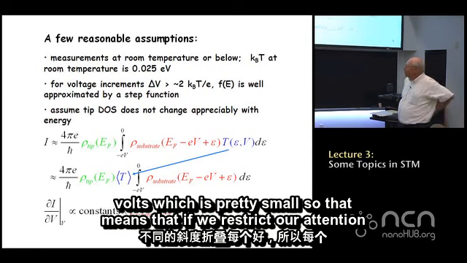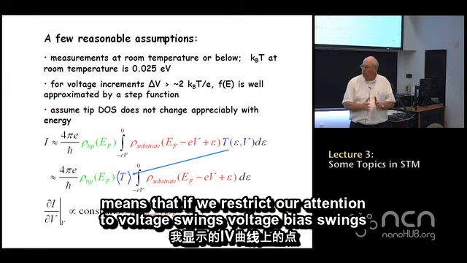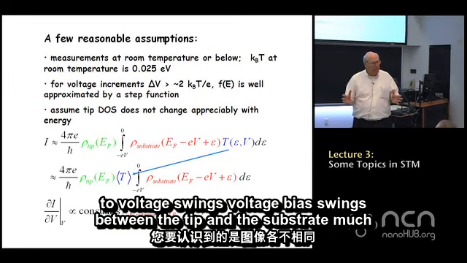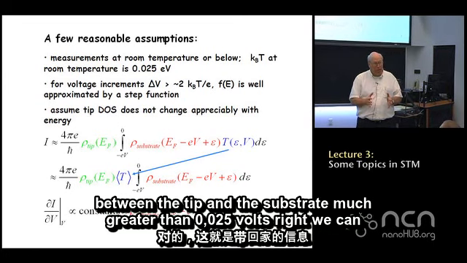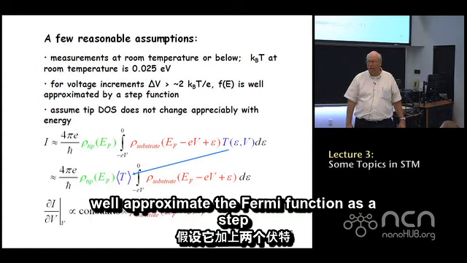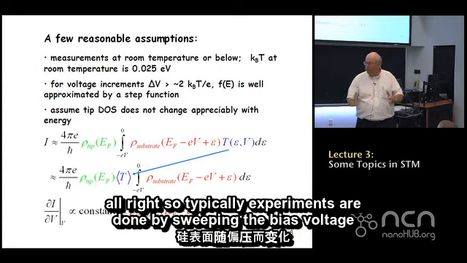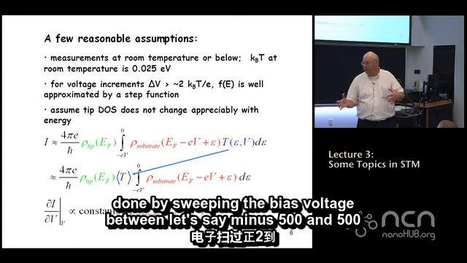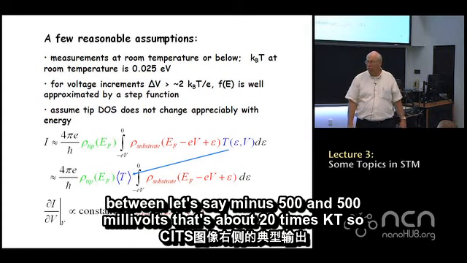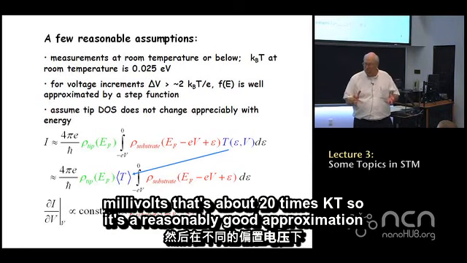So that means that if we restrict our attention to voltage bias swings between the tip and the substrate much greater than 0.025 volts, we can well approximate the Fermi function as a step. Typically experiments are done by sweeping a bias voltage between, let's say, minus 500 and 500 millivolts. That's about 20 times kT, so it's a reasonably good approximation.